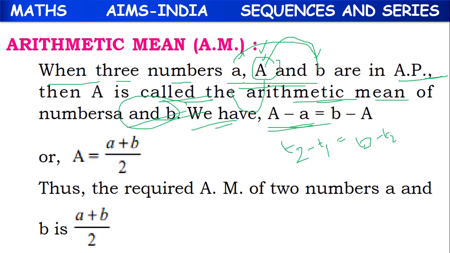So capital A minus small a equals small b minus capital A.